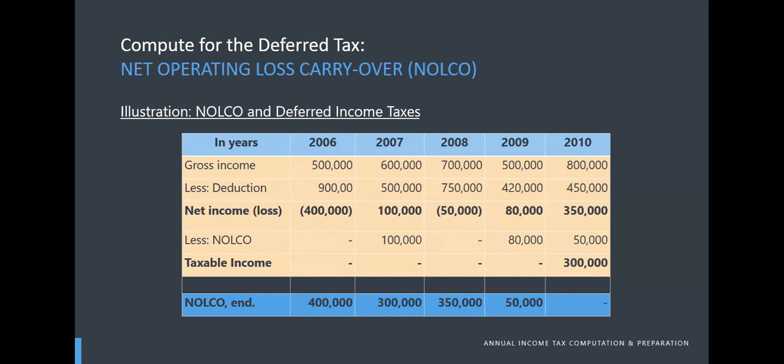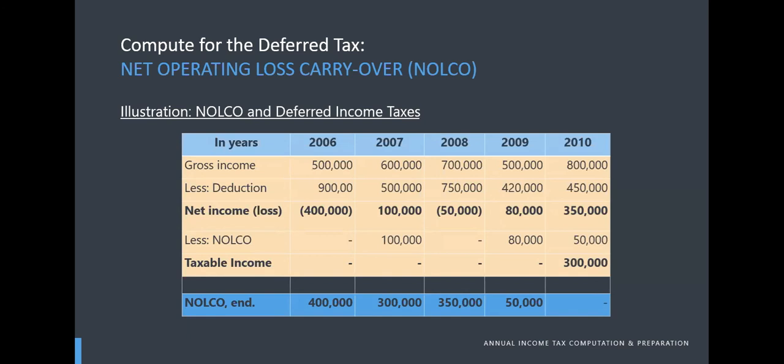Since the company has a 350,000 balance, they have enough NOLCO credits. So 350 minus 80 is equivalent to 230. No, 270. Tama ba? Tama, 270. Simpleng addition, nawawala ako. Tama, 270.